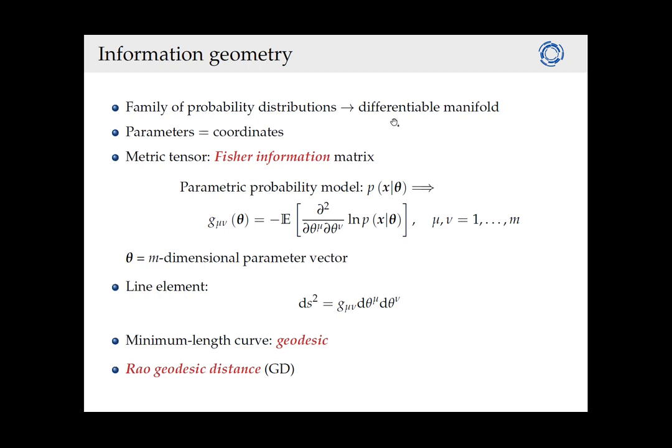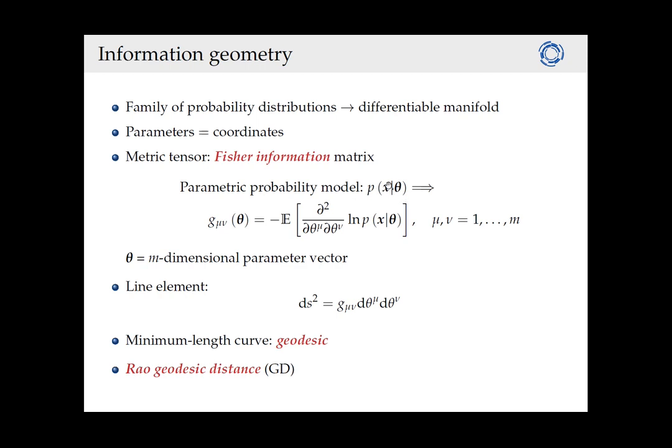And it turns out that there is a metric tensor, which is also a well-known concept from Riemannian differential geometry, a metric tensor that is actually the basis for calculating distances on such a manifold, and it is based on the Fisher information. Now the Fisher information is a well-known concept in statistics. I've written down here one of the formulas for calculating the Fisher information.